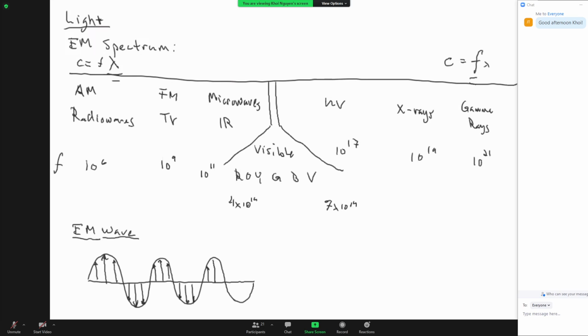I'm going to draw in a different color in a second. Your magnetic field. So it's going out of the board, into the board, out of the board, into the board.